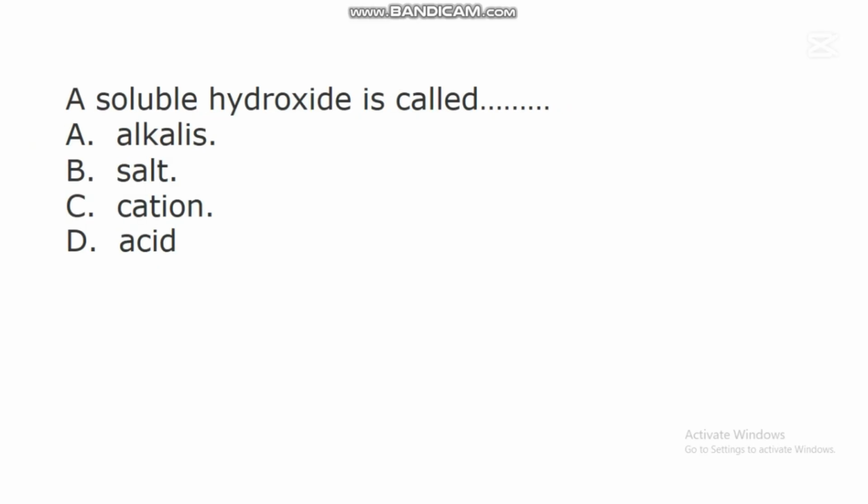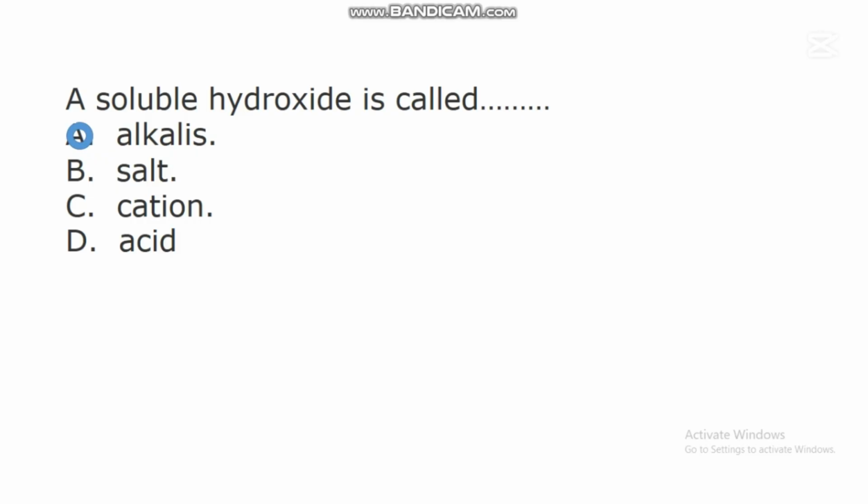The next question says, a soluble hydroxide is called dash. A. Alkalis. B. Salt. C. Cation. D. Acid. In this question, the correct answer is A. Alkalis.